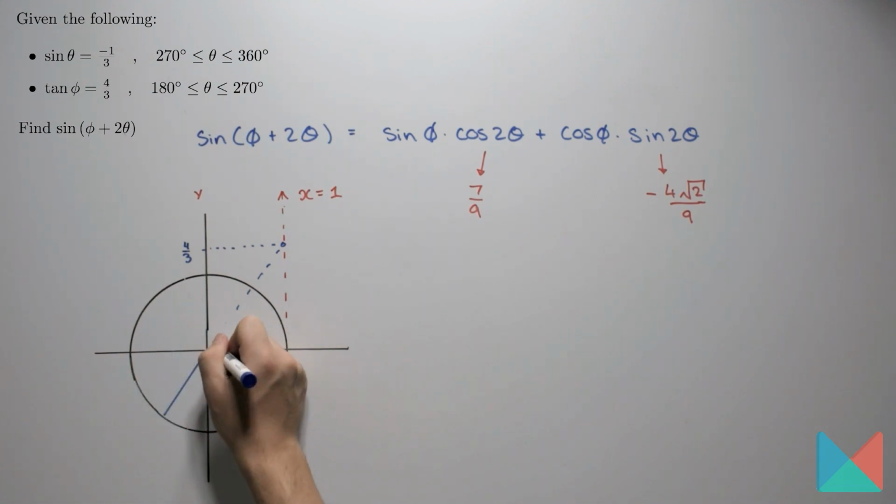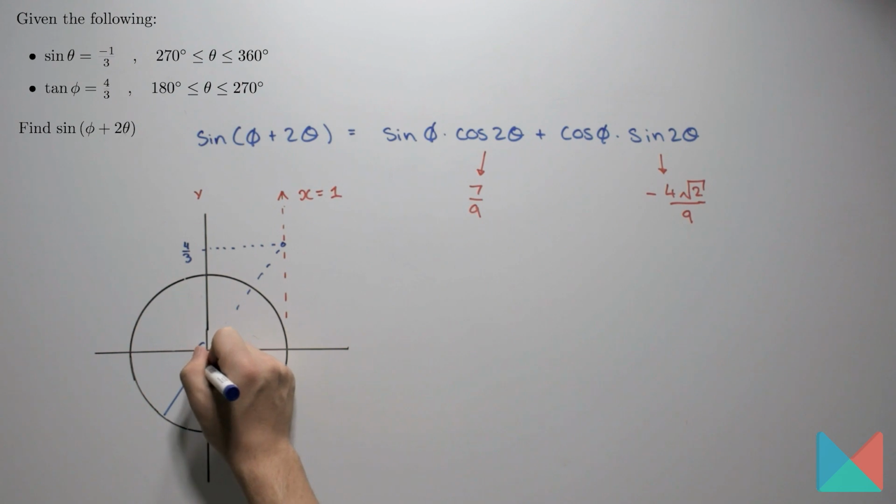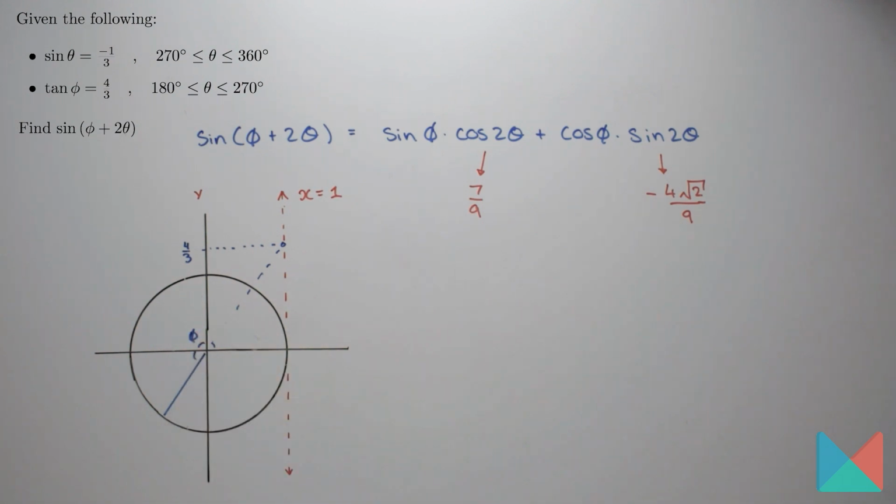And so we have phi here. Now breaking this angle into a right triangle and solving for the sides will not work, as we'll have too many variables. So we have to find a different way to get our values for sine and cos of phi. And the way we can do that is still by using a right triangle.